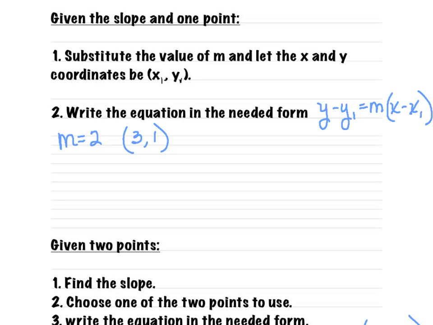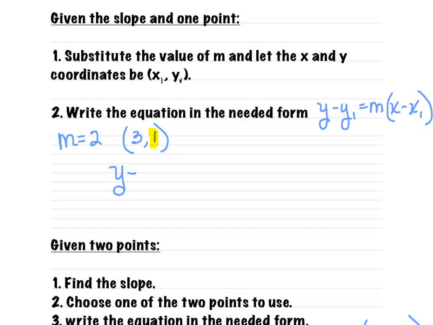So let's look at this example. I want you to write an equation in point slope form that has a slope of 2 and that goes through the point 3, 1. So let's do that. Y minus y1, in this case, is the y coordinate of my point.